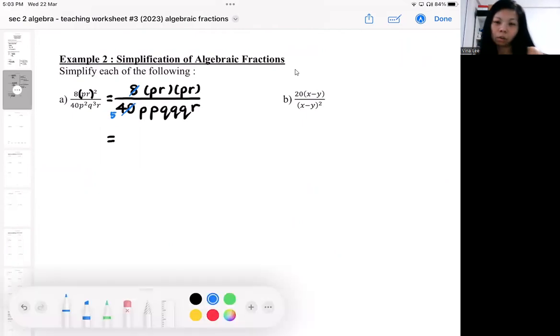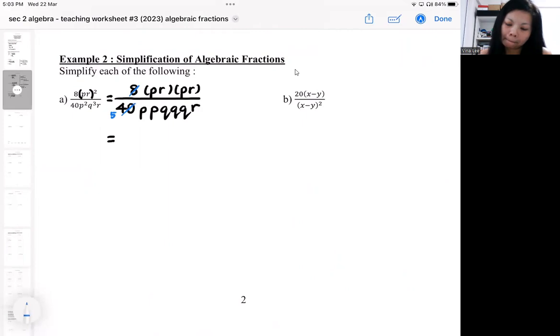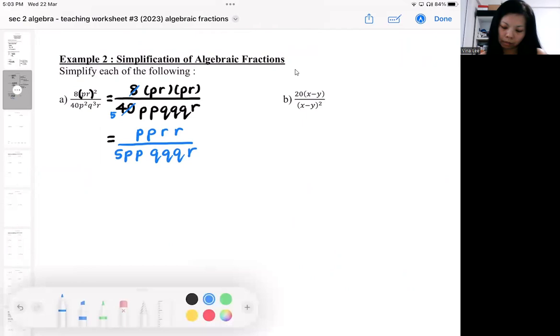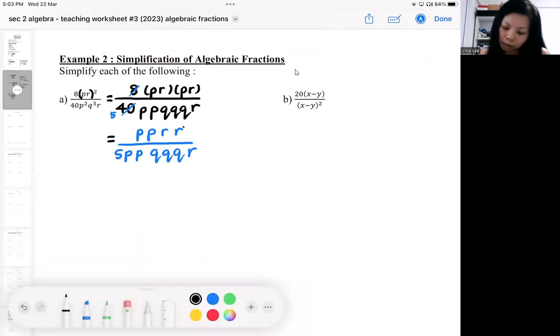After that, I organize the numerator. If you organize the numerator, you got a double P, and you got a 5. Then I will slowly cancel.